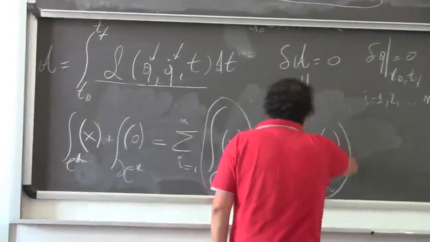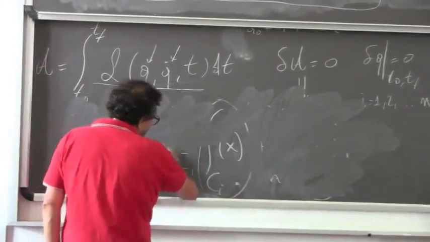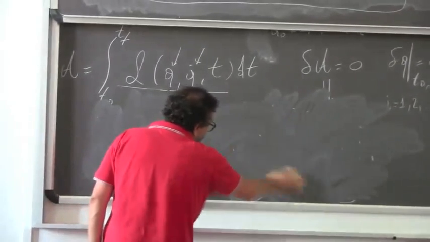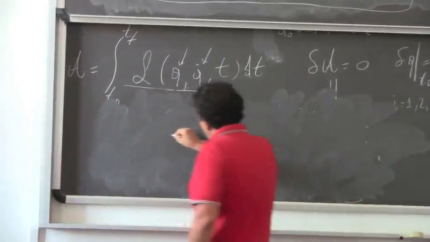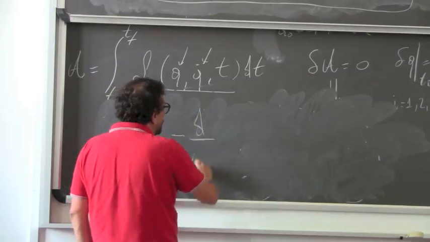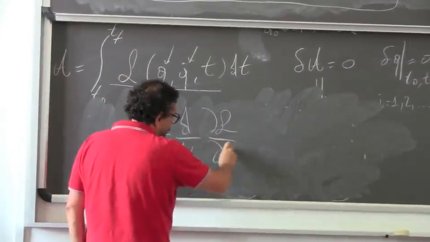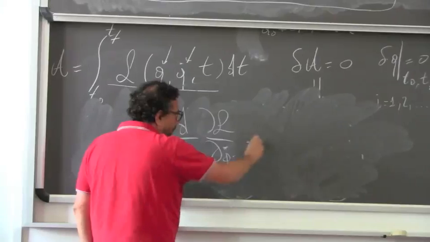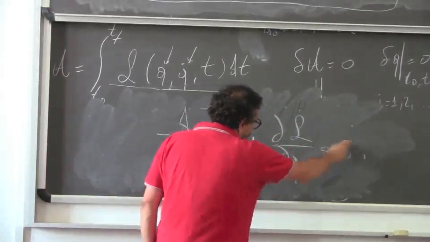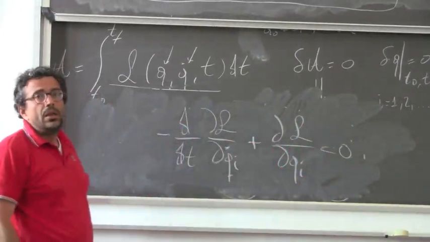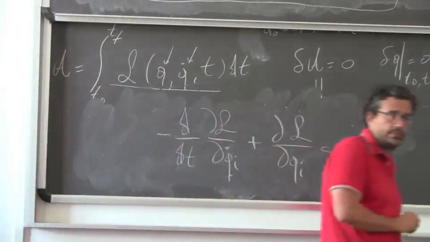Okay. So, let us look a little bit at Lagrange equations for a finite dimensional system. What is an equilibrium solution for this system?